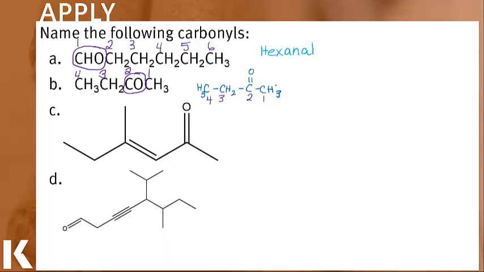When I name this, I know that we are going to have a but, butane, there are no double bonds, and then our ONE. To tell me that the carbonyl carbon is on the second carbon, I'm going to call this a 2-butanone.